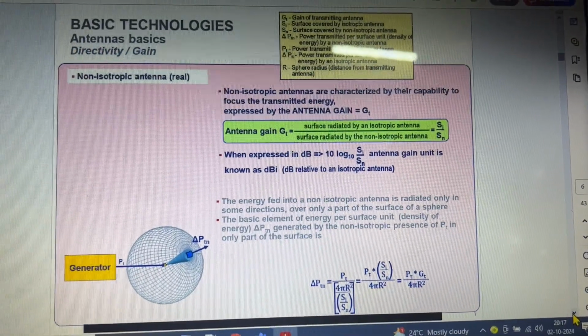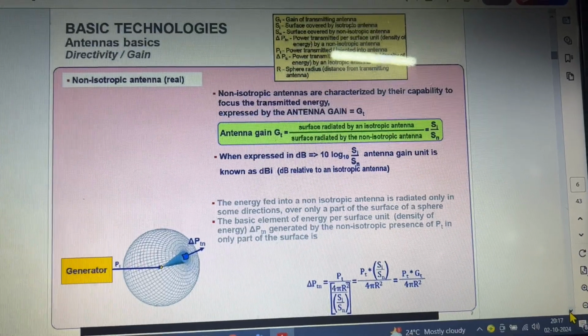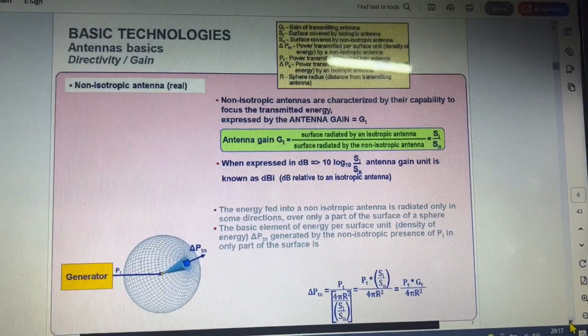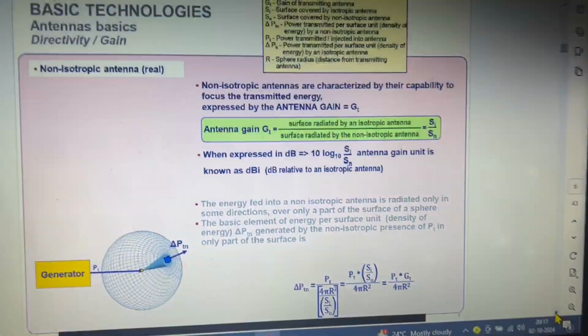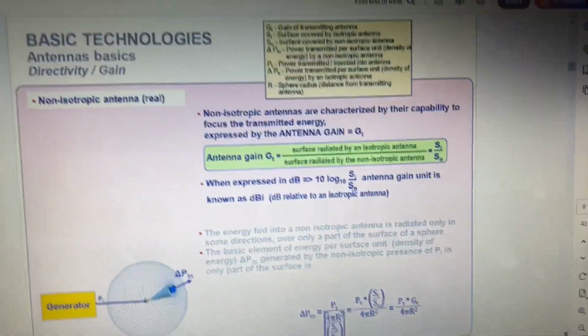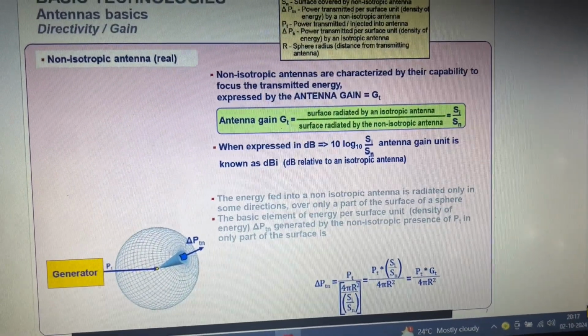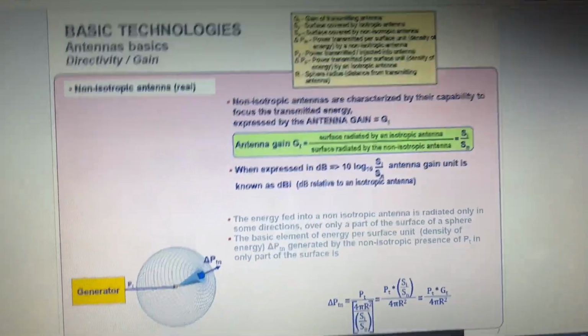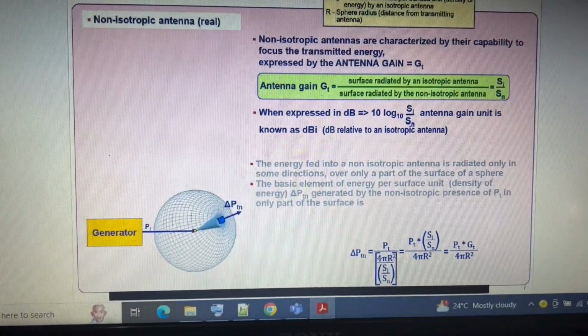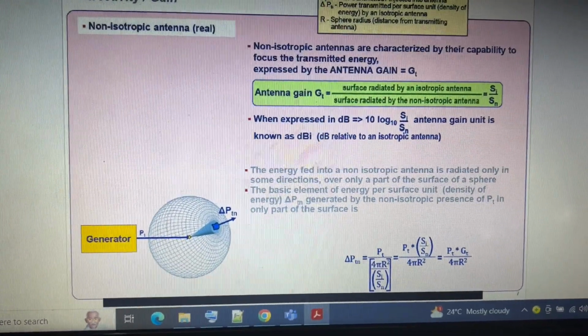Now coming to the non-isotropic antenna. Non-isotropic antennas are characterized by the capability to focus the transmitted energy. This is how the antenna gain is calculated: the surface radiated by an isotropic antenna divided by the surface radiated by a non-isotropic antenna. That is called antenna gain.